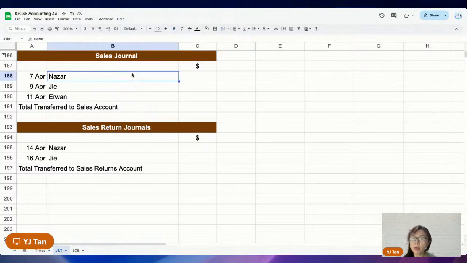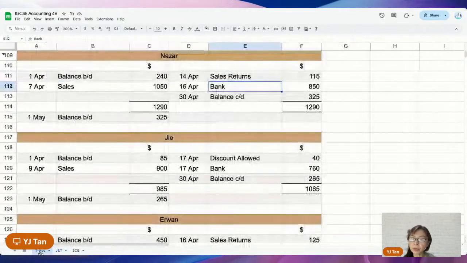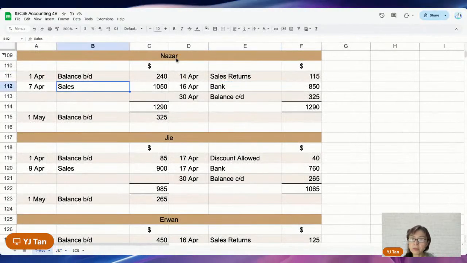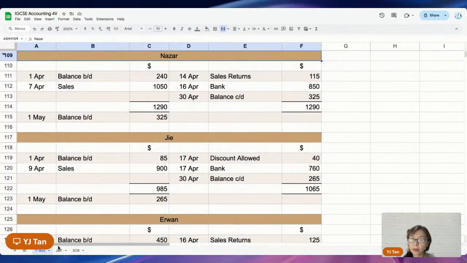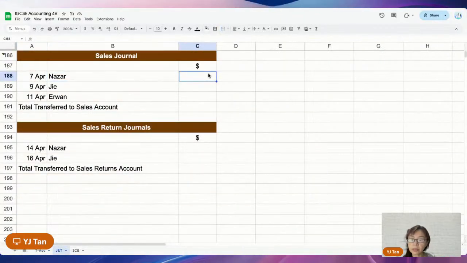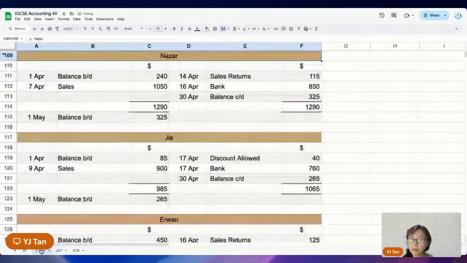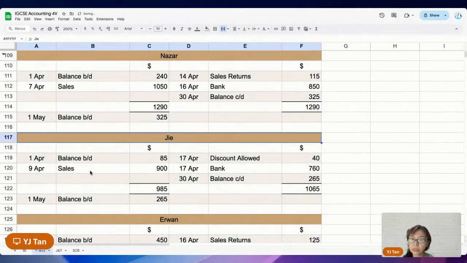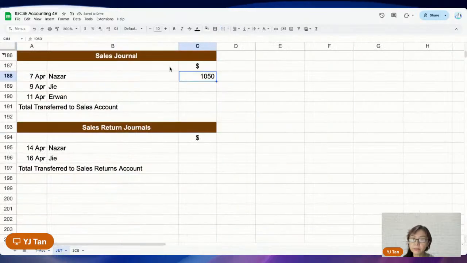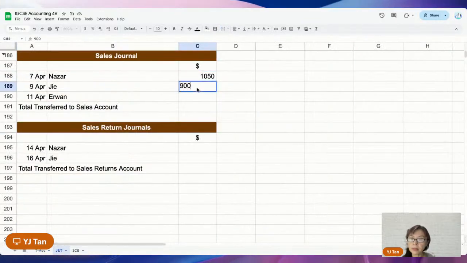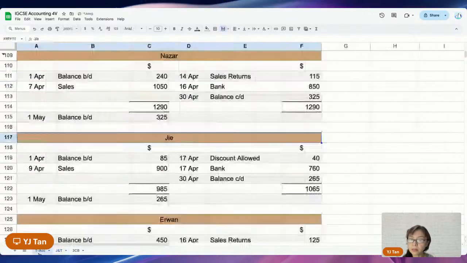Now we need to fill in how much Nazar purchased in April. So we go to the sales account for Nazar, 1050. So we put in 1050 here, and then we have a look at Jade's one. This is Jade, sales is 900, and the last one is Erwan.